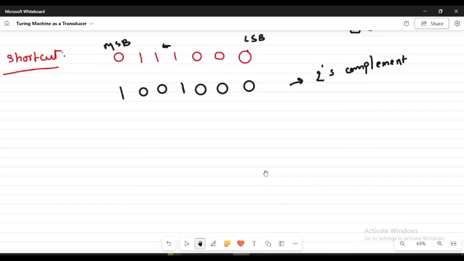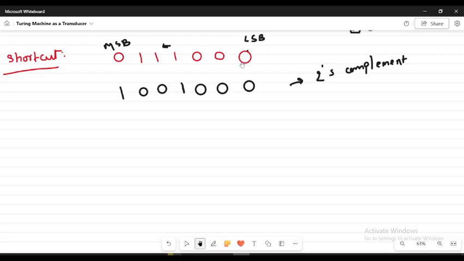Our logic is to go to the LSB, the rightmost part, and keep on seeing all zeros from the right hand side. As long as we see 0, keep it as 0.